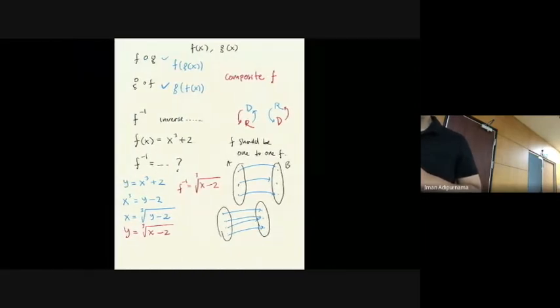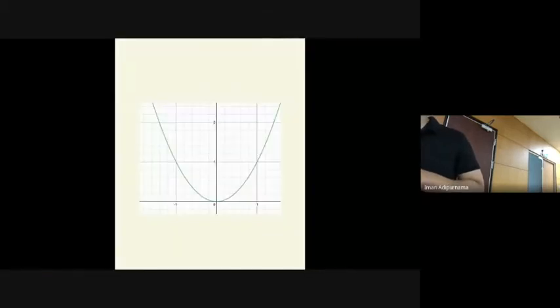Let's try this one. I'm starting with y equals x squared, just a simple quadratic function.